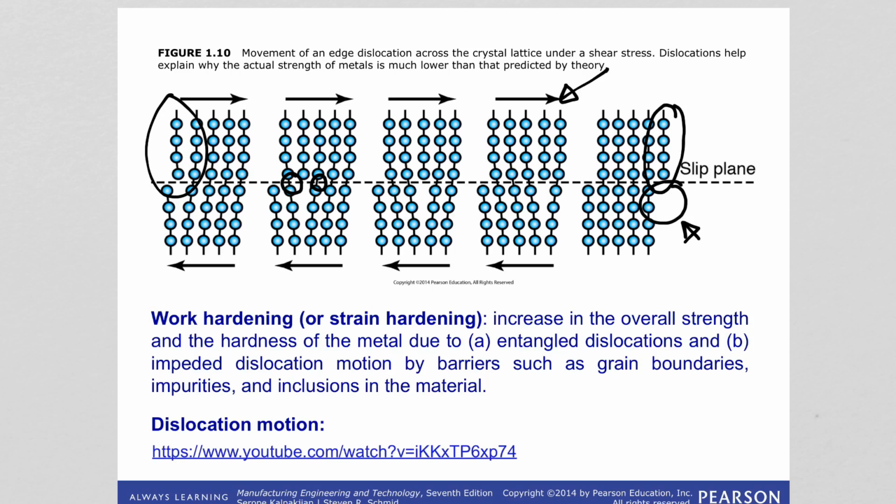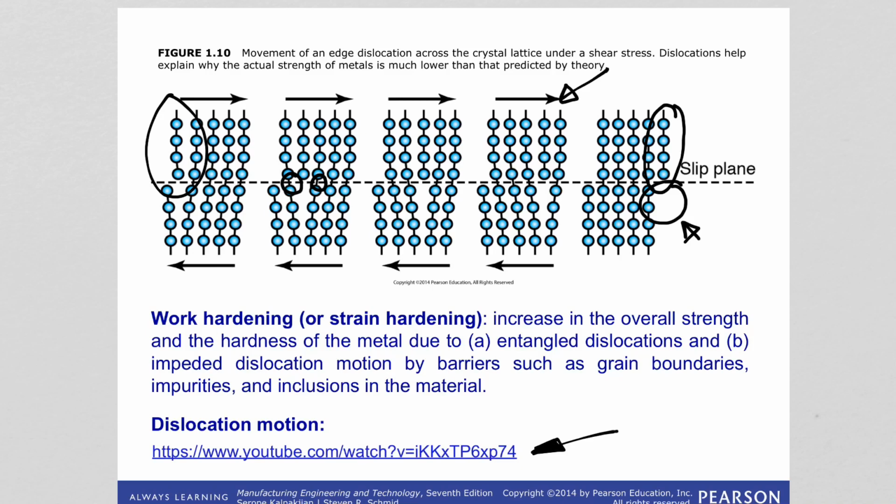This is very important because if deformation is happening by the dislocation motion, which you can watch in this YouTube link, which is also in your Canvas, then you can figure out that if you don't want the material to deform that easily, you should prevent the dislocation motion somehow. If I can prevent that motion, then I will strengthen the material. So therefore people put extra atoms in to impede the motion of these dislocations, right?